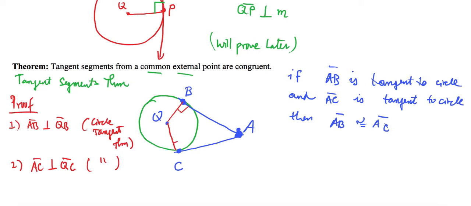Okay, we're almost done now, believe it or not. We can make a couple more statements. QB and QC are congruent because they are both radii of the same circle.